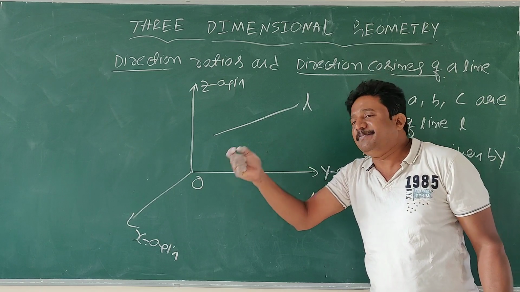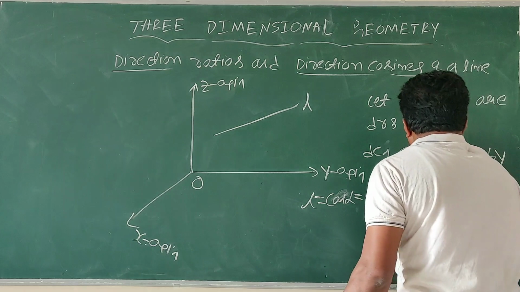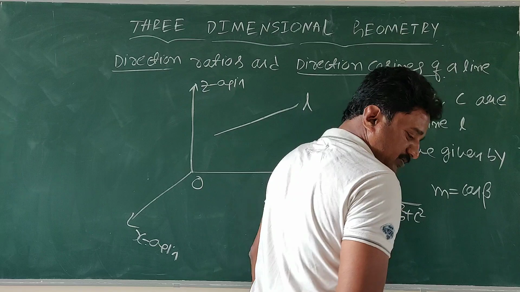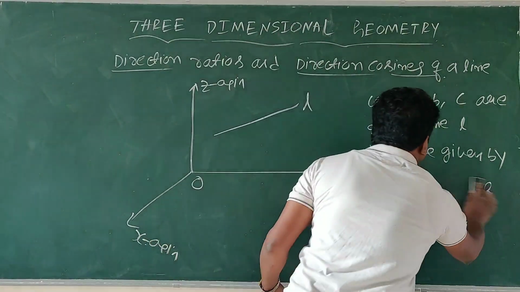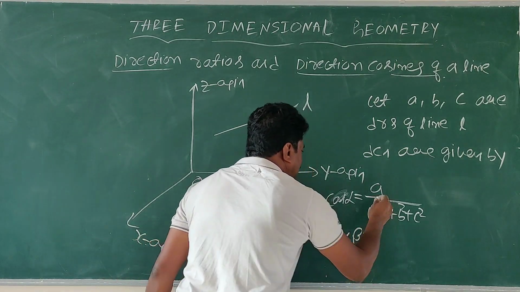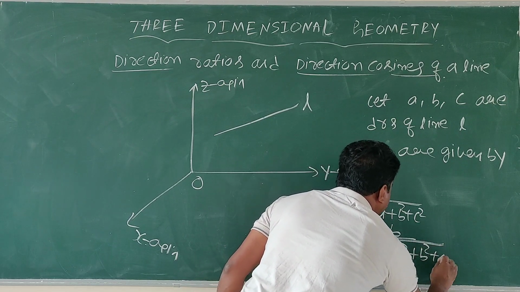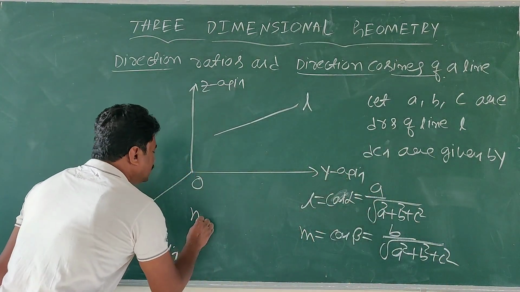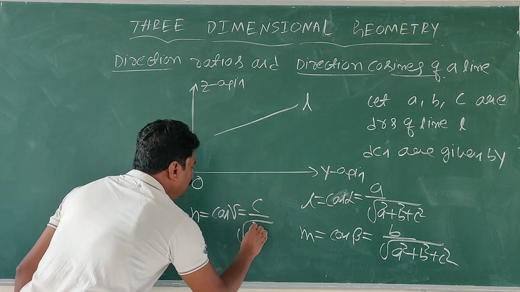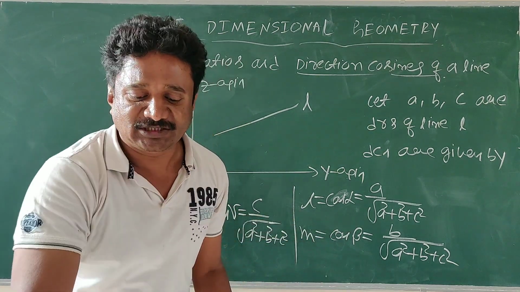Next, M is equal to cos beta, that is B by root of A square plus B square plus C square. Next, N is equal to cos gamma, that is C by root of A square plus B square plus C square. Same thing we discussed for vectors also, students.